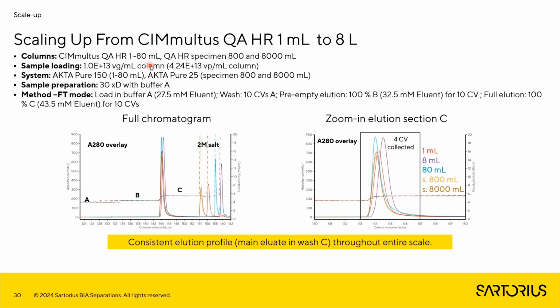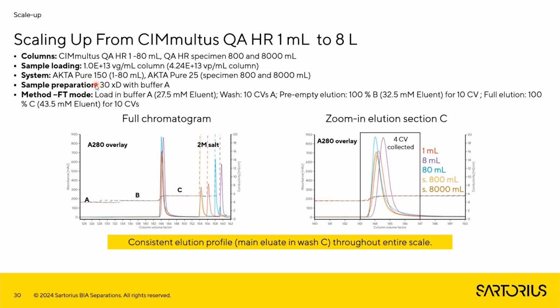But based on the capacity I've shown, we would need a large amount of material for the 800 ml and 8 liter scale, and we've shown that the specimens are reproducible and show the exact values of the parental columns, so we used the specimens for the two largest columns. We loaded all of the columns with 1E13 vector genomes, or 4E13 vector particles, per ml.